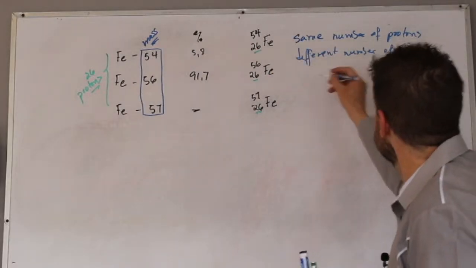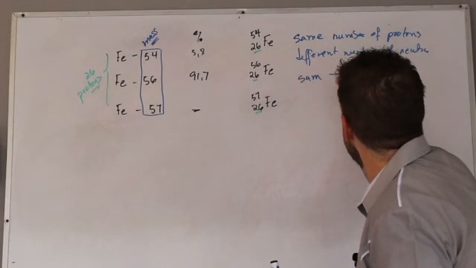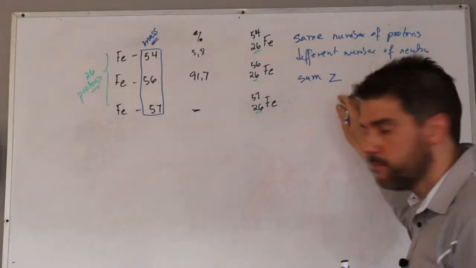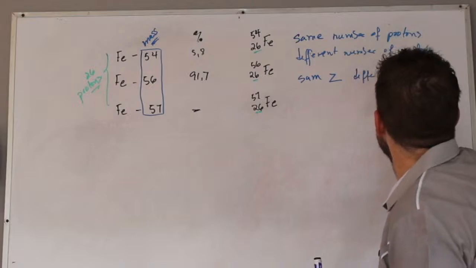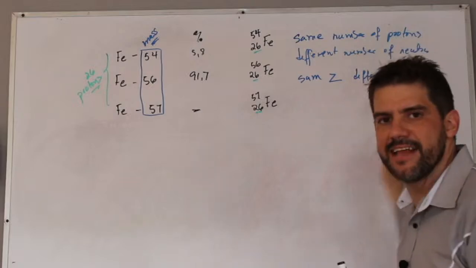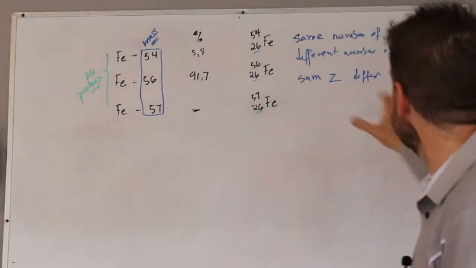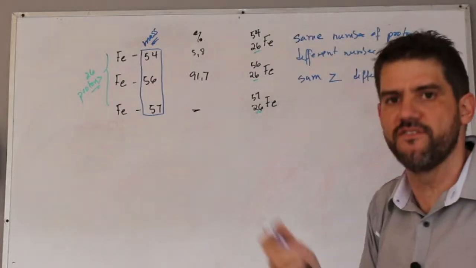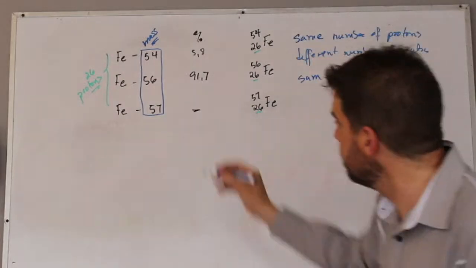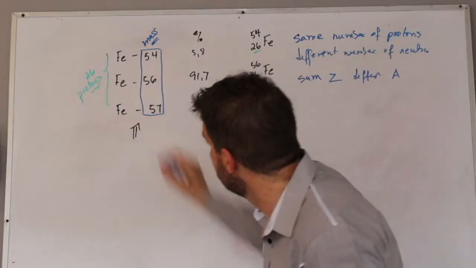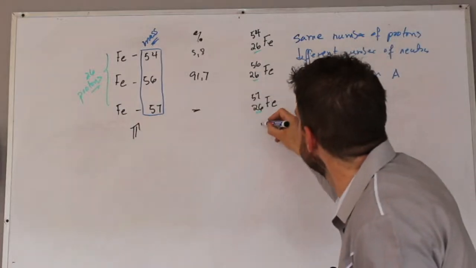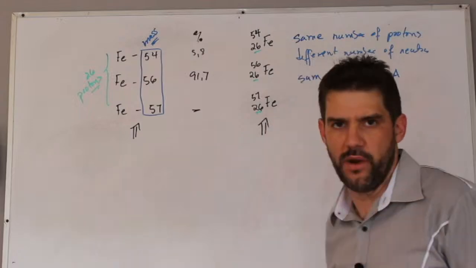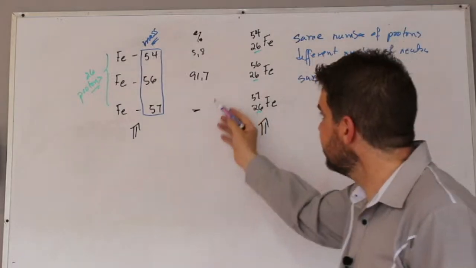Or you can say same Z, what is Z? Atomic number. Different A, what is A? Atomic mass. So this is the definition of the isotope. Isotopes can be represented using this way, or they can be represented using this way. Now, this is the percentage.